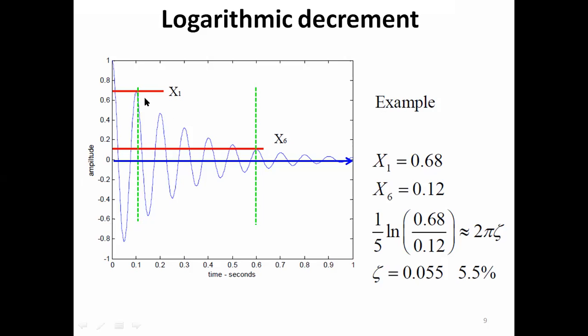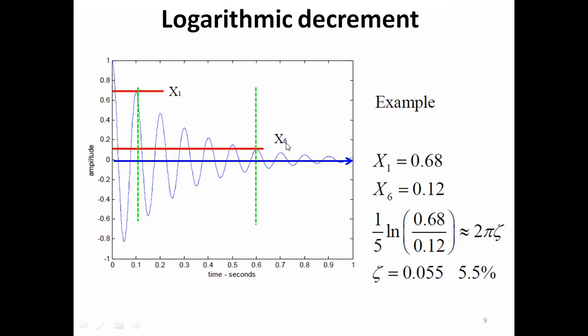So one cycle from here, if we move, this is cycle number 1, 2, 3, 4, 5. So we are choosing 5 cycles. This is point 1, so we have x1, and this is point xn plus 1, that is after n cycles. So n is 5. We have chosen n as 5.